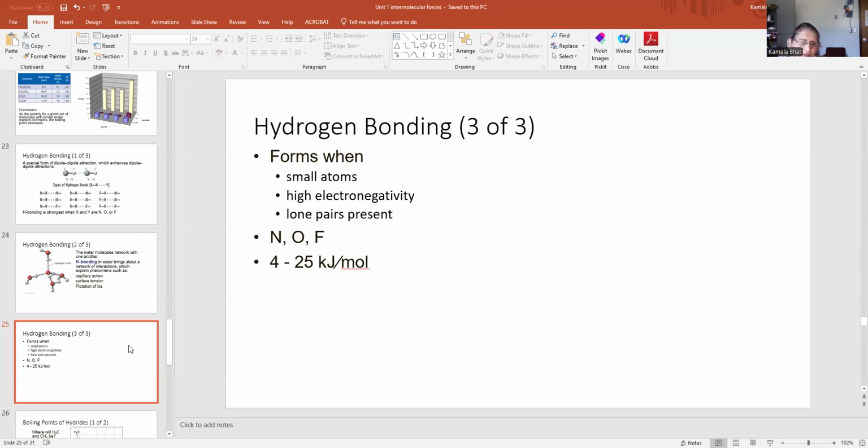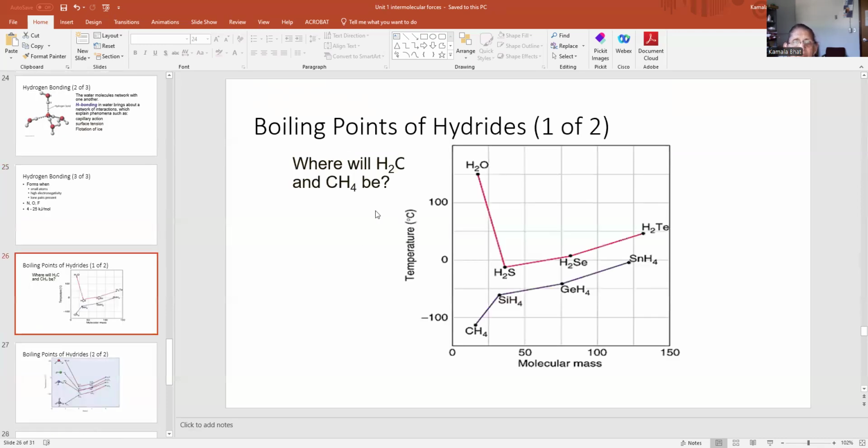The atoms generally forming hydrogen bonding are nitrogen, oxygen, and fluorine. The strength of the hydrogen bonding ranges between 4 to 25 kilojoules per mole.